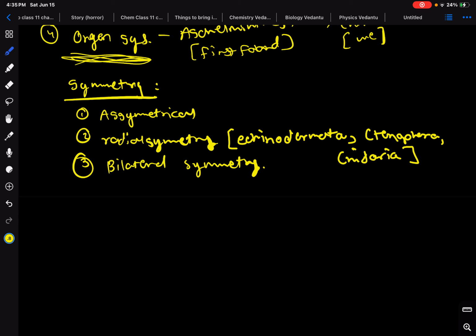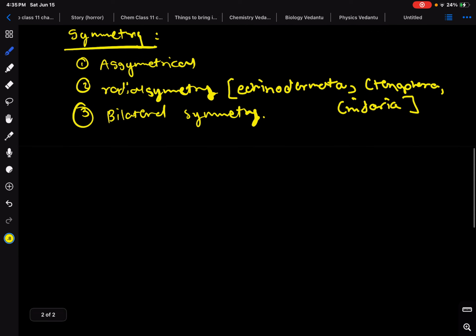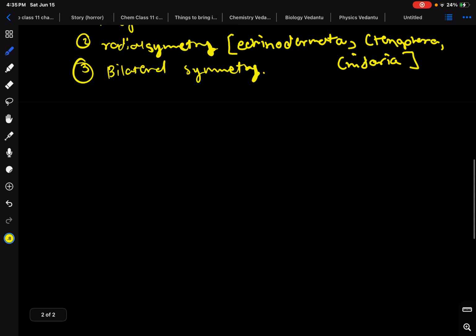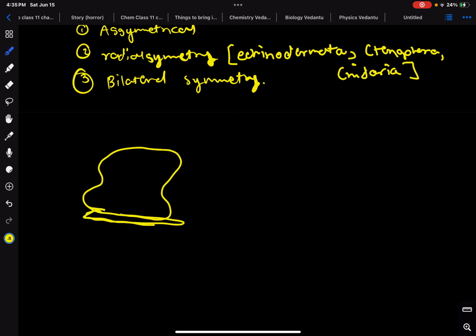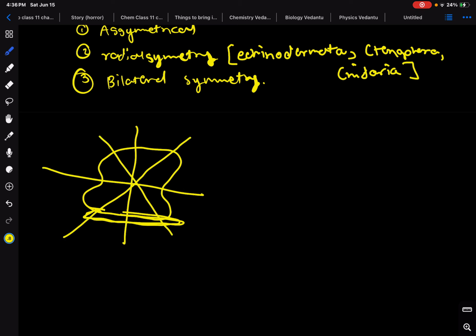So what are radial symmetry, asymmetrical and bilateral symmetry? First up, asymmetrical states that any organism, such as Porifera, which is shaped like this, is a rough representation of Porifera. It cannot be cut into 2 equal halves no matter which plane you cut it in.